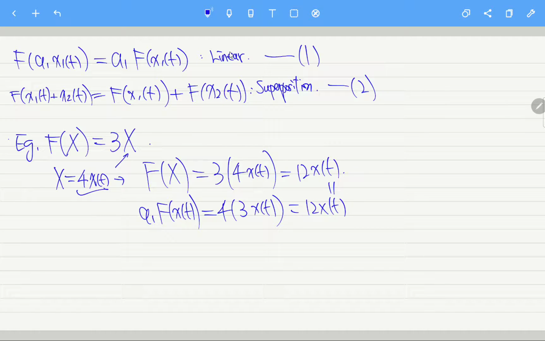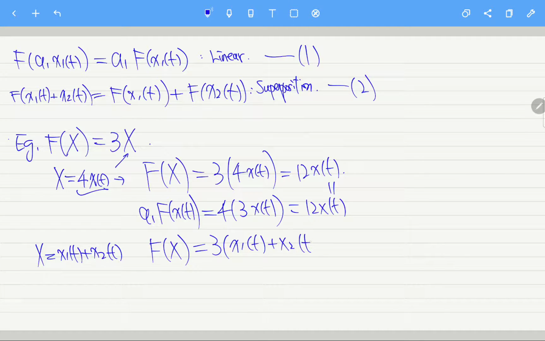And if we have x to be x1 of t plus x2 of t, so in this case, f of x will be 3 times x1 of t plus x2 of t, something like this. So f of x is 3x.